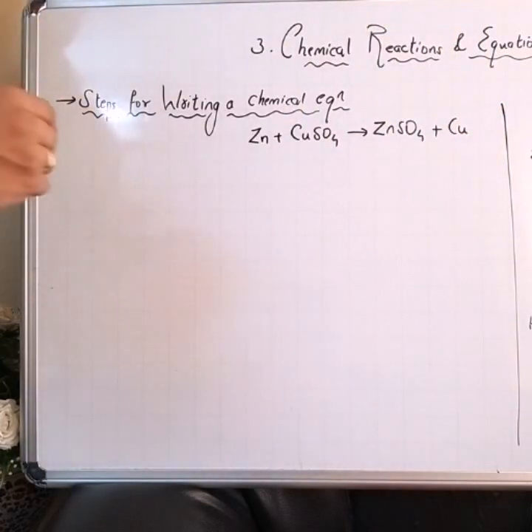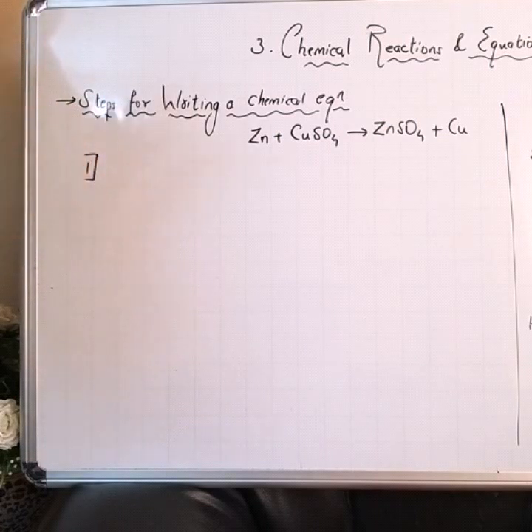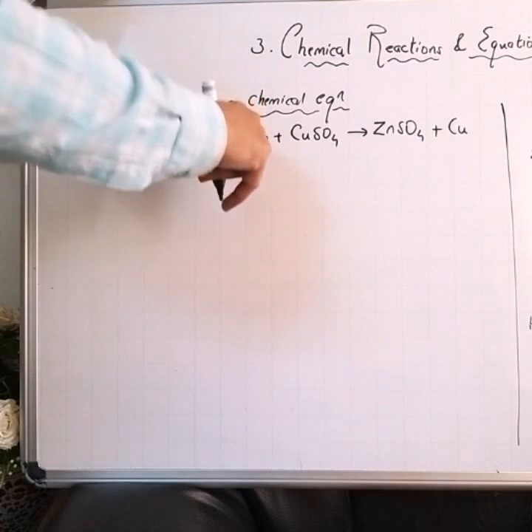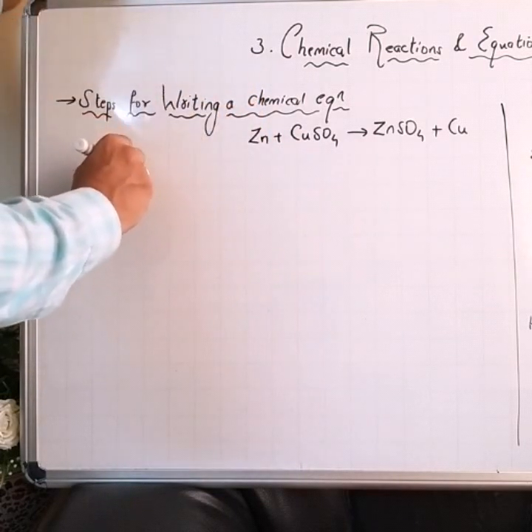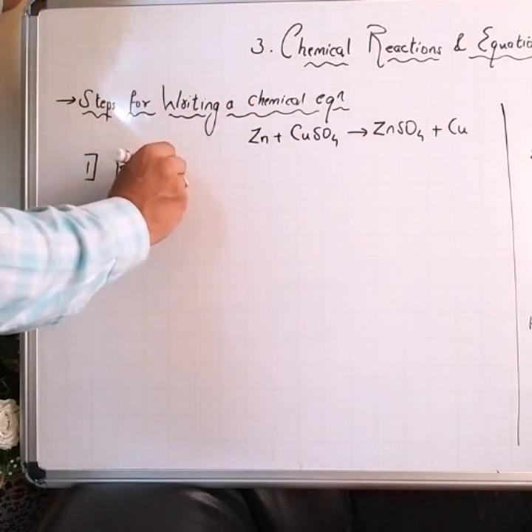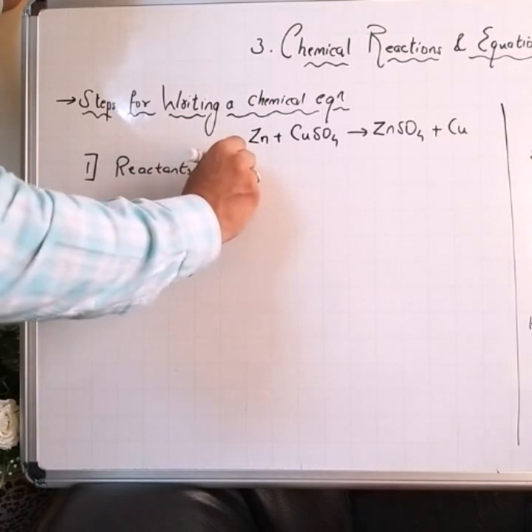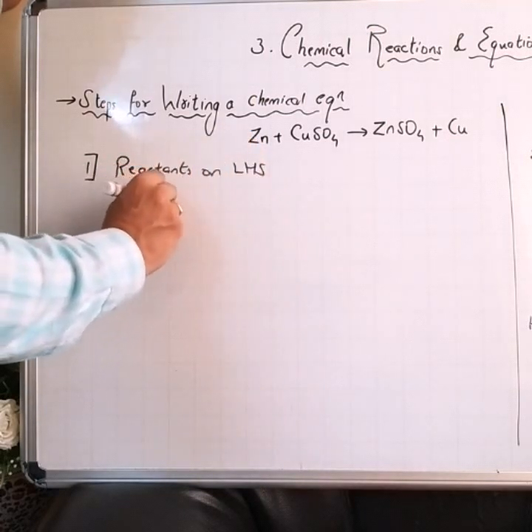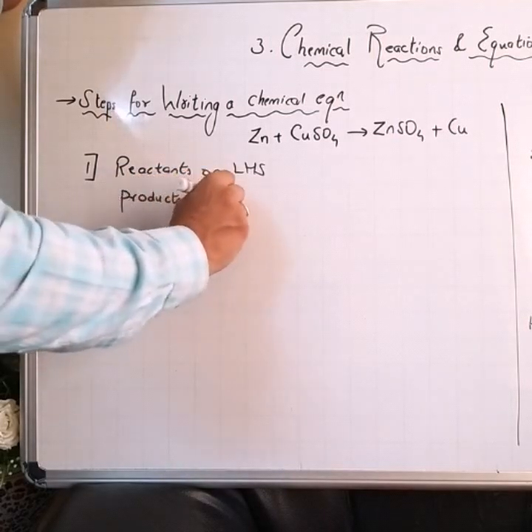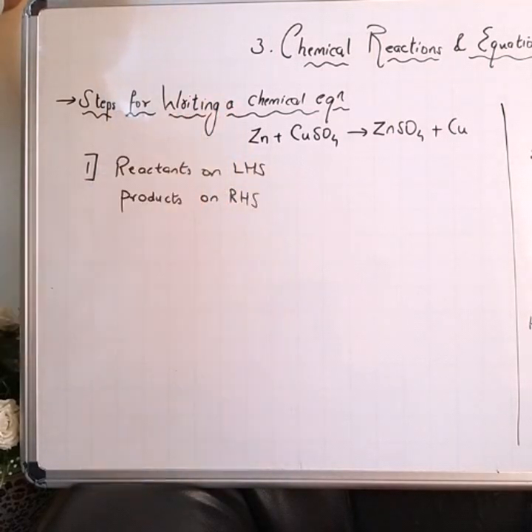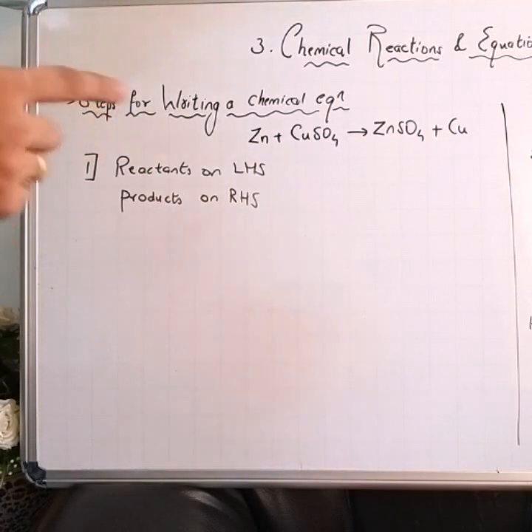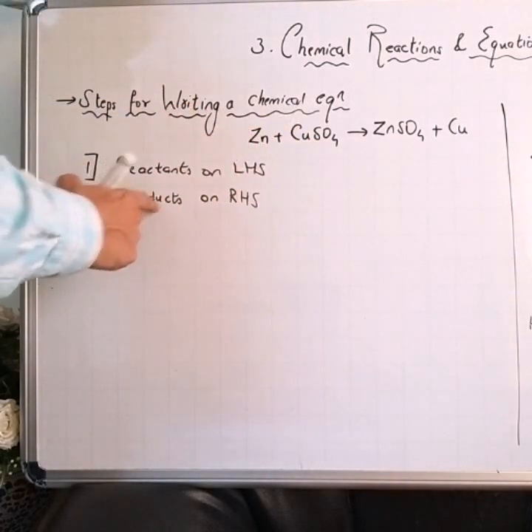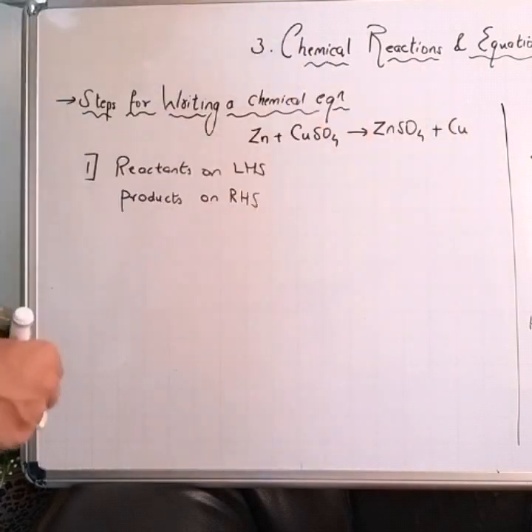Okay, the first step we understand is that the reactants should be written on the left hand side and products on the right hand side. That means the formulas and symbols of reactants will be on the left hand side and those of products will be on the right hand side.